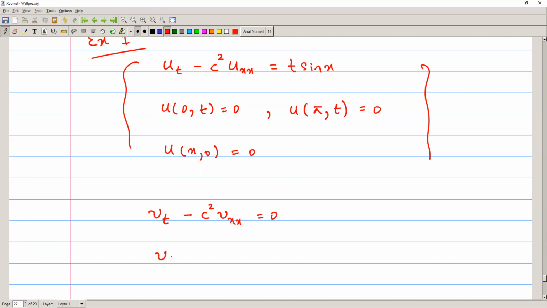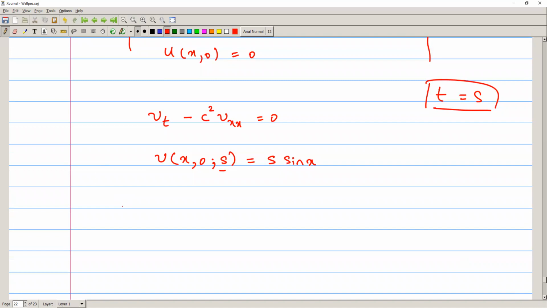Then nu of x comma 0 such that s will be equal to s sine x, right? Because here it is t sine x, so this t will be equal to s. Because we are concerned with the function of s here. So now this will be s sine x.